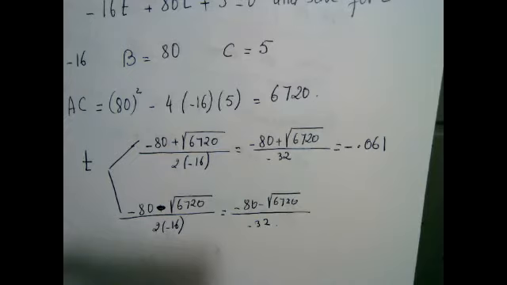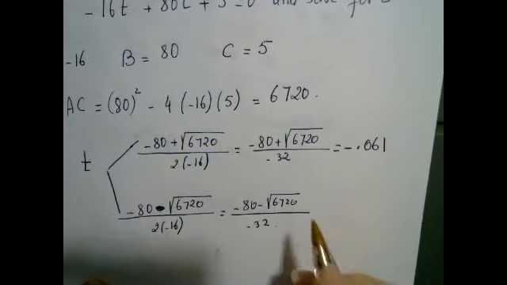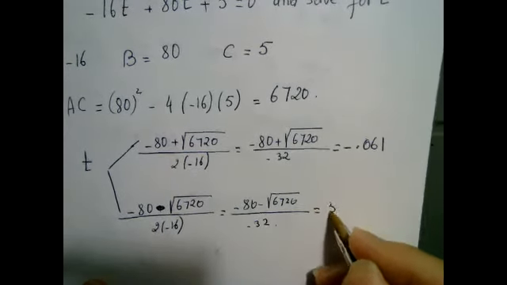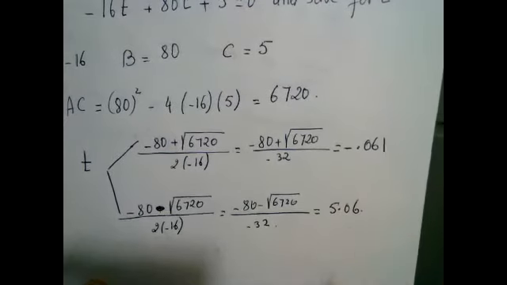For the second one, please do it while I do it, because I'm making mistakes, as you notice. Dividing by minus 32, I got 5.06.